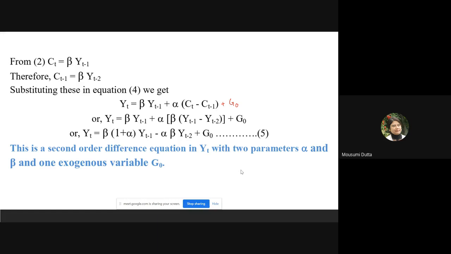So this is a second order difference equation in Yt with two parameters alpha and beta and one exogenous variable g naught. Is this clear to all of you? This is a second order difference equation because we have Yt minus 2, t minus 1, t.